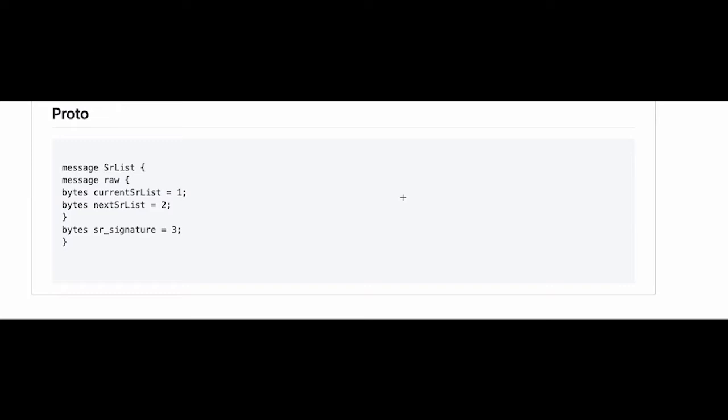And then once you get that, you compare it to the next SR list, and you compare whether the addresses are equal or not. Once you get all the possible addresses, you can validate the SR list.